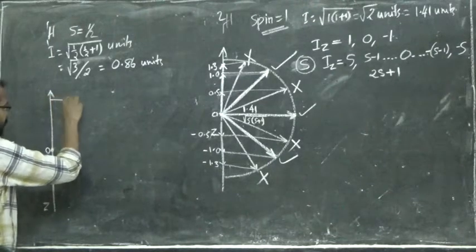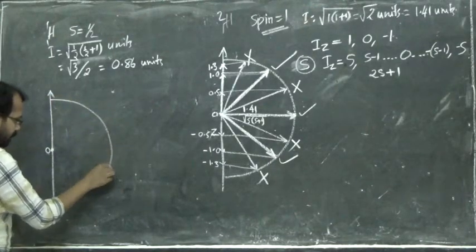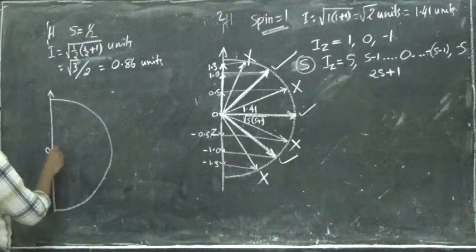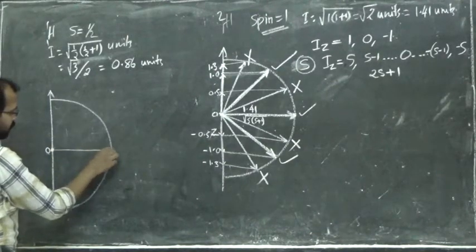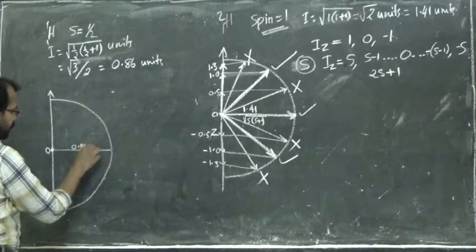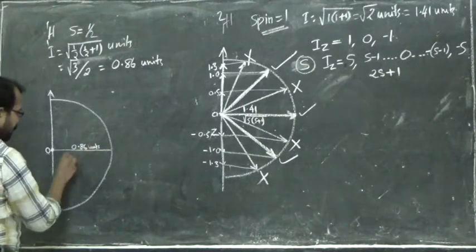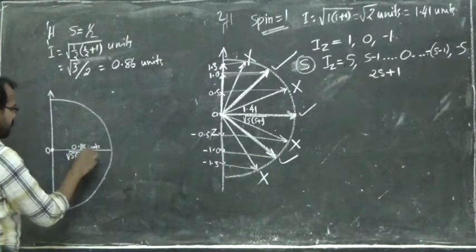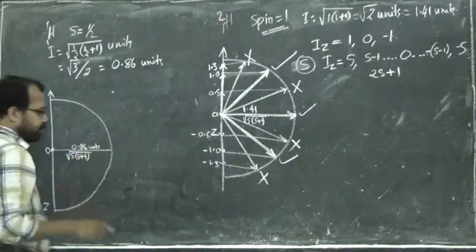I can again draw a semicircle, and this semicircle has a radius of 0.86 units, which is root of S into S plus 1 in this particular case.